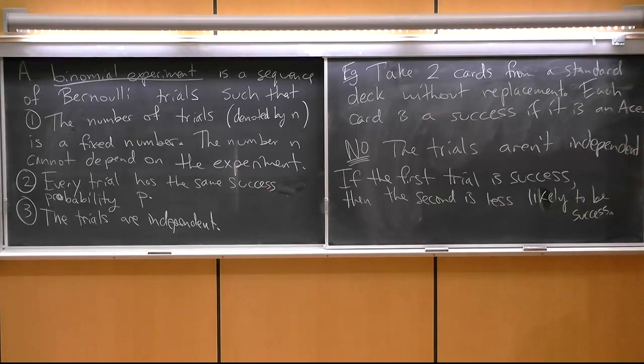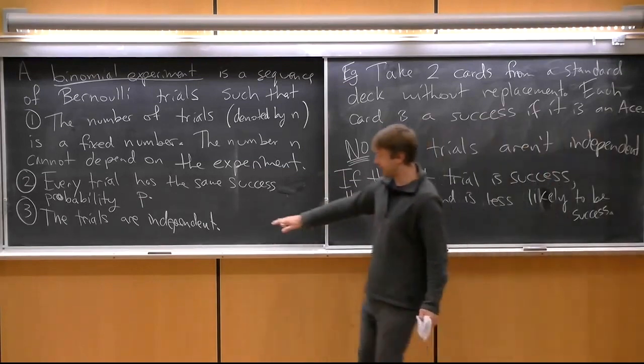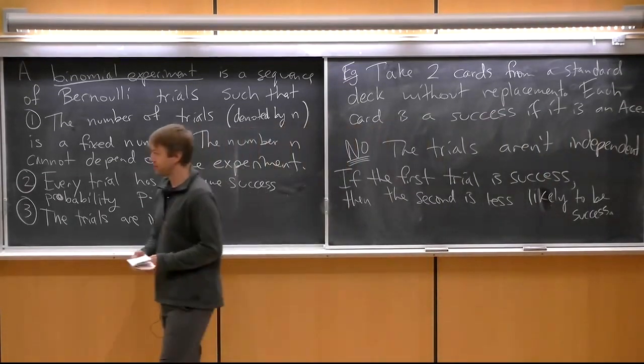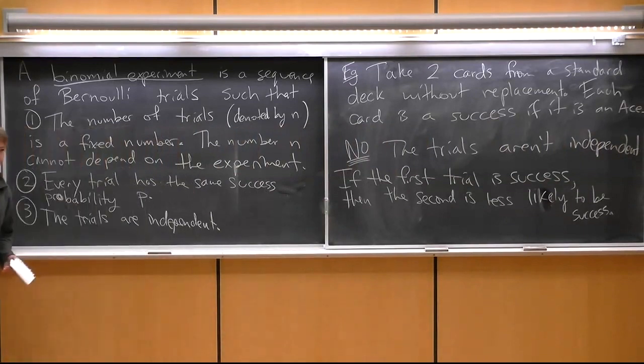However, if this was with replacement, if I take a card, look at it, put it back, shuffle, take another card, that would be a binomial experiment. So to repeat, this violates the third condition. Any questions about that one, or that one's a bit more subtle? It takes a bit more thinking.